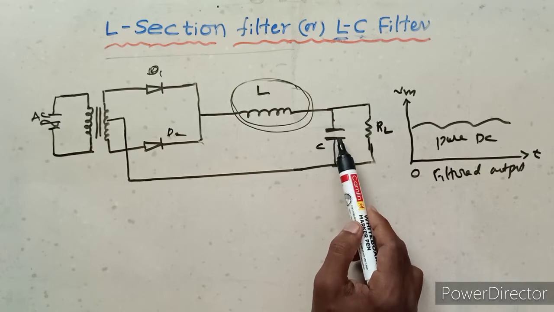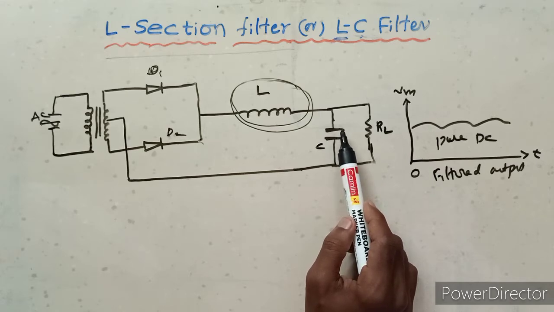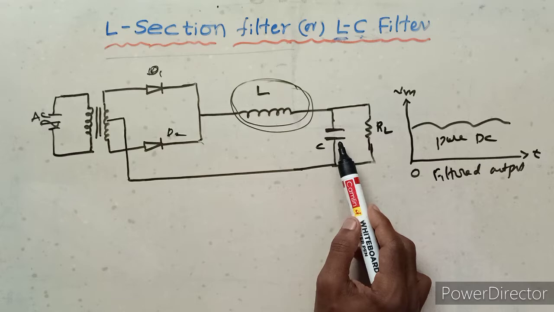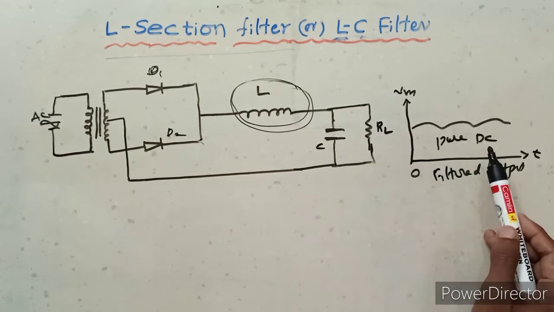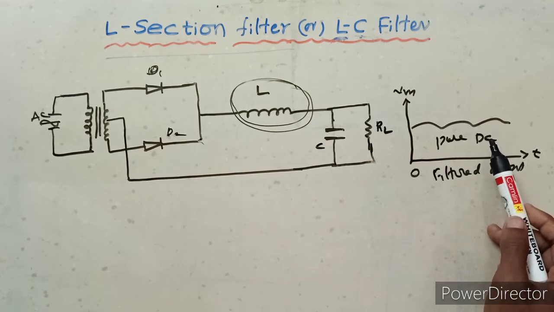The shunt capacitance blocks the DC components, and here the AC components are blocked. Here small DC components are blocked. Finally the result is the pure DC and less ripples.